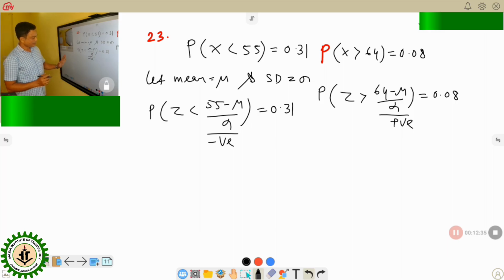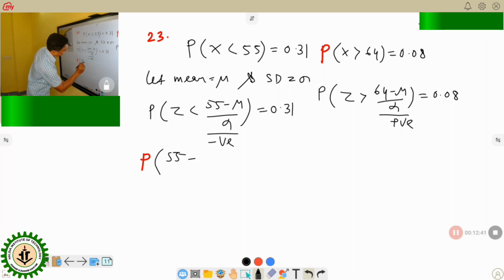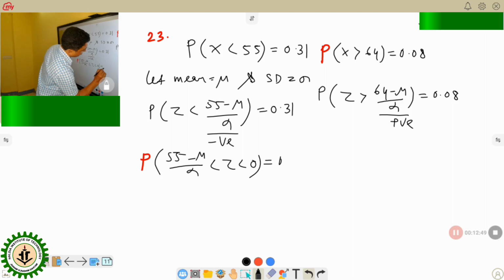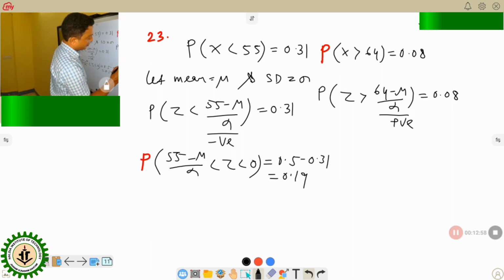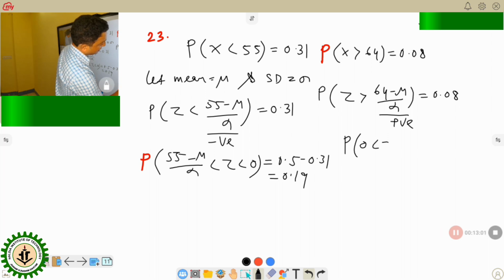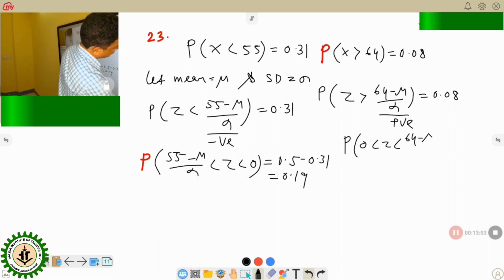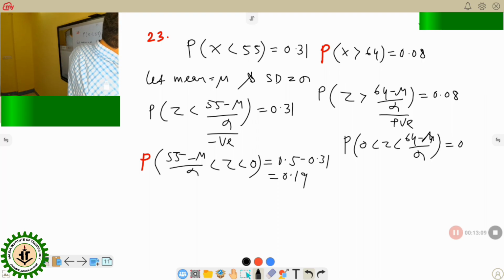Now look at this. If we write the probability of (55 minus mu) divided by sigma less than z less than 0, then this is 0.5 minus 0.31, which is 0.19. And in the other case it will start from 0: 0 less than z less than (64 minus mu) divided by sigma, then you get 0.5 minus 0.08, so you get 0.42.